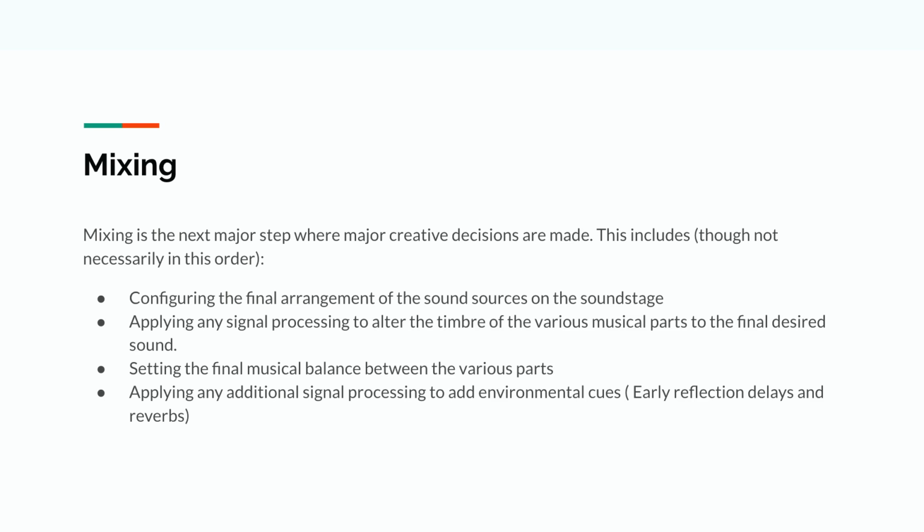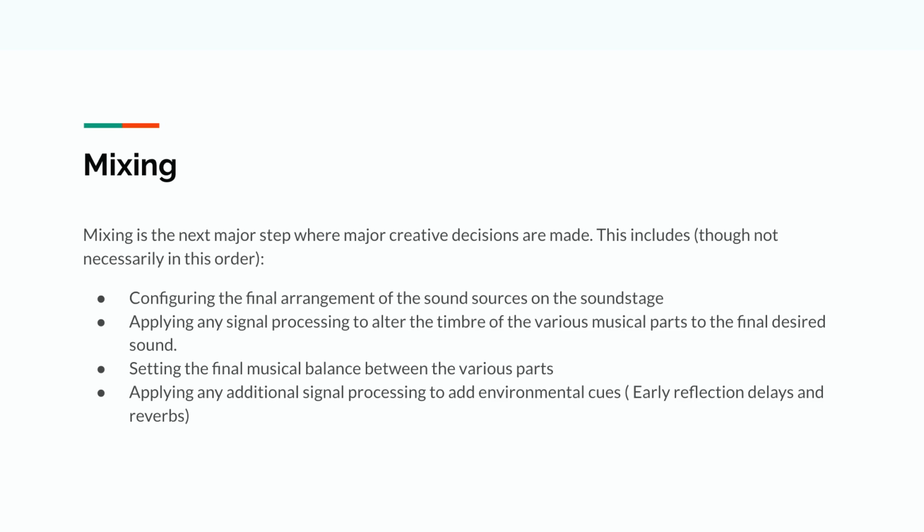This mixing also includes applying any signal processing that we need to alter the timbre of the various musical parts to get to the desired sound. So that might include using equalizers and compressors on some tracks.